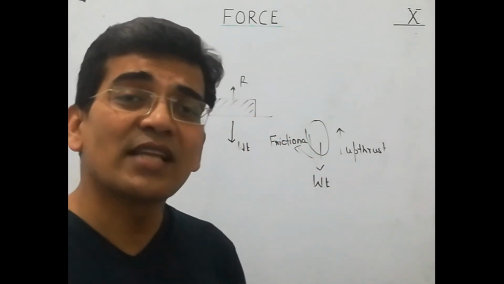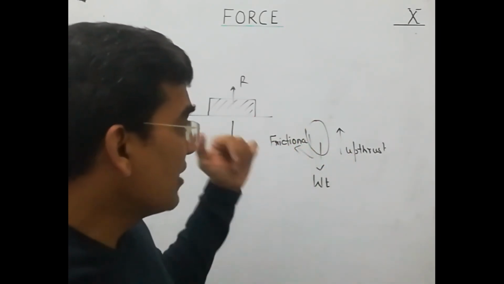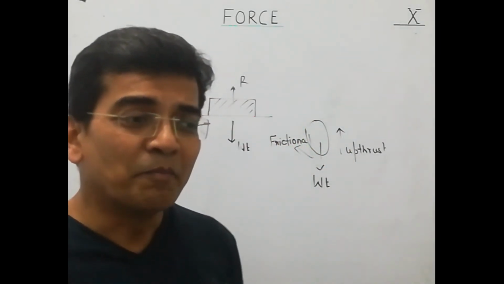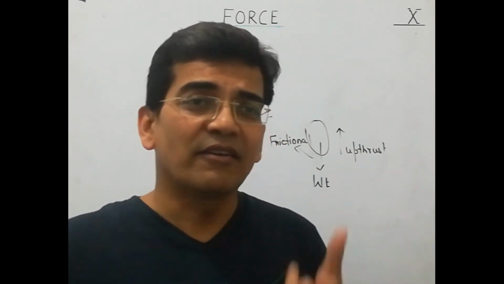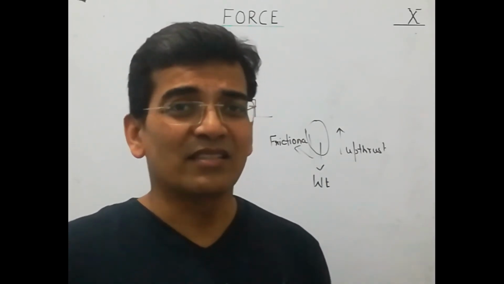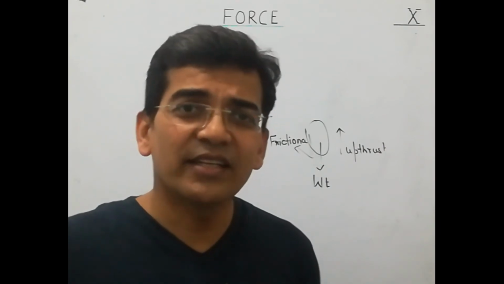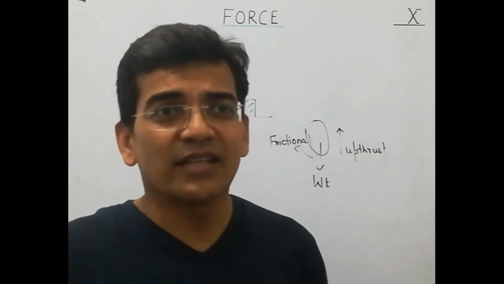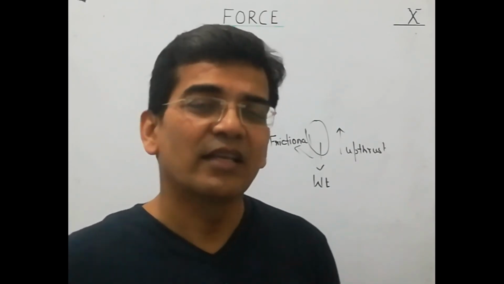There are three forces acting on the body: weight, upthrust and frictional force. But under the action of these three forces, the raindrop is still moving with a constant velocity, meaning there is no change in its state of motion. So we can say that the raindrop is in dynamic equilibrium.